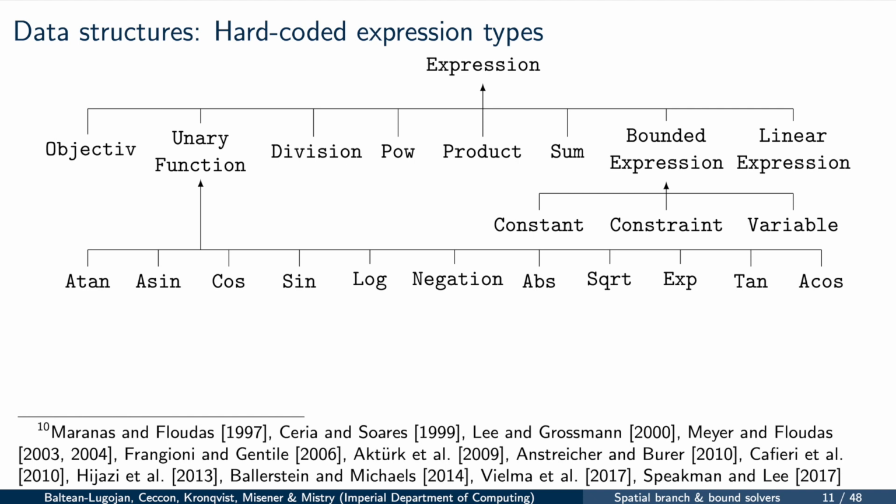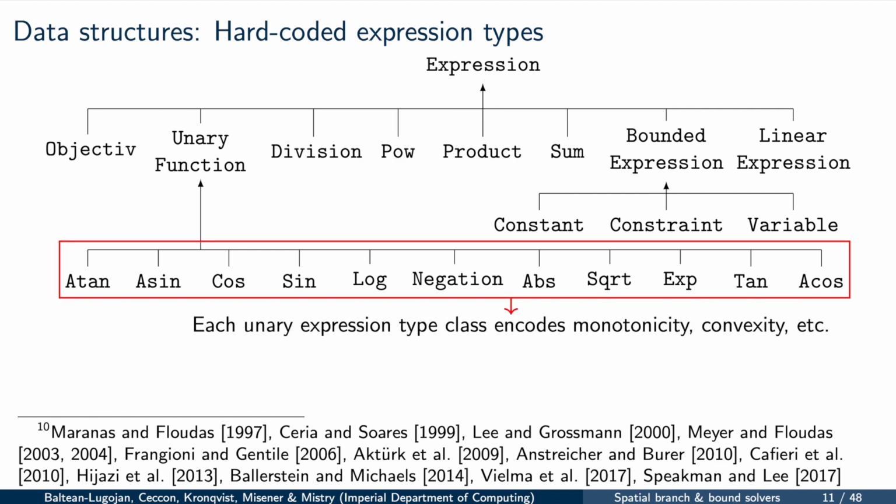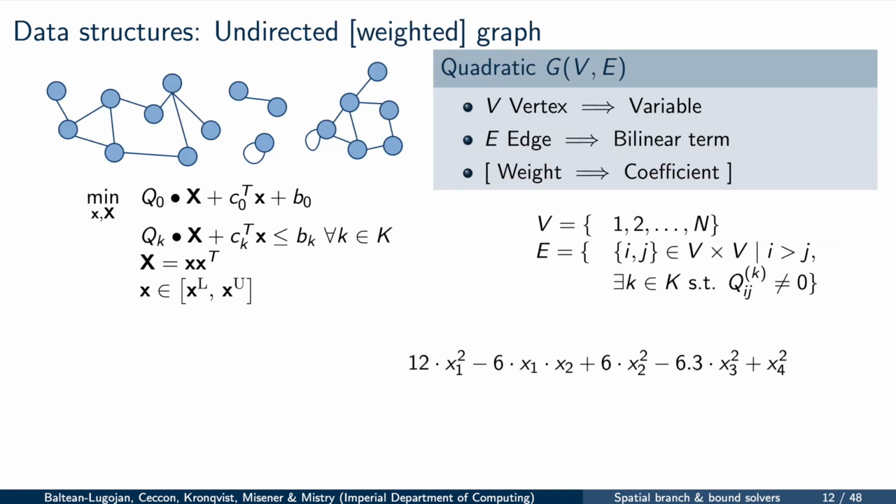And basically what's going to happen is that these hard-coded expression types are going to be items that we can manage automatically with our solver. So for instance, we'll have an objective function, we'll be able to handle division operators, product operators, sum operators, and then we'll be able to manage a whole number of unary function operators.